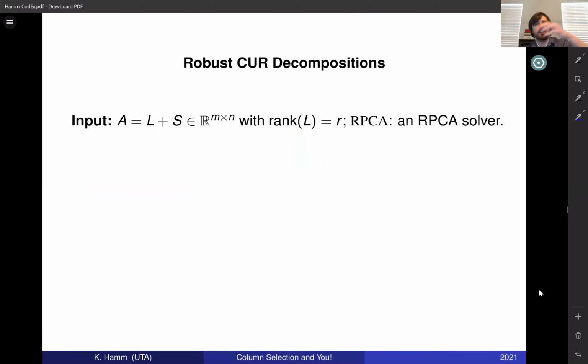So here's just a proto algorithm that we decided to look at, just to see what came of this. I'm going to assume, again, the things I said before. And for the moment, RPCA is going to be your favorite Robust PCA algorithm, whatever you like.